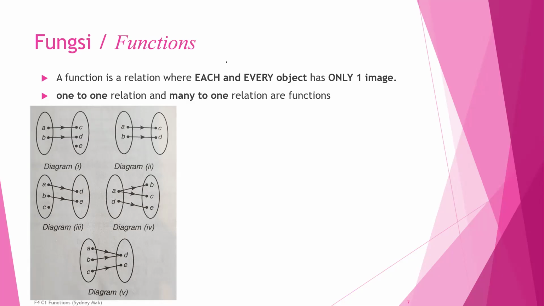Let's say it is a function. Reason: because each and every object has only one image. If it is not, some of the objects have 2 images or 3 images, you explain like this. So part 1, part 2, part 3 until part 5. Can you answer now? Yes or no? Both also give reason.